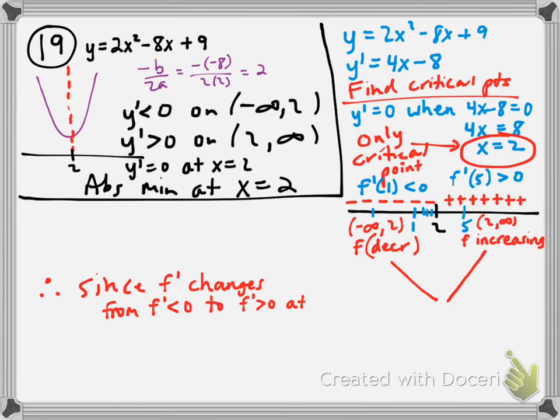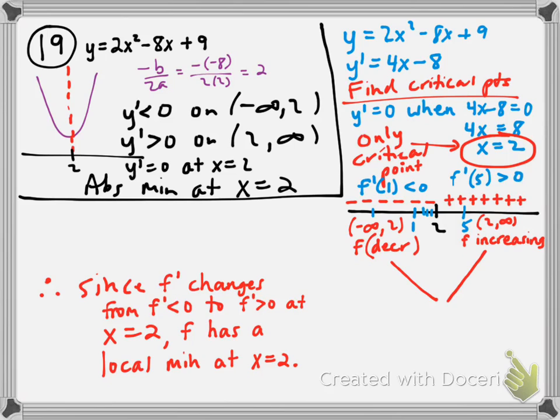Since f prime changes from f prime less than 0 to f prime greater than 0 at x equals 2, we have a local, I should say that f has a local min at x equals 2.